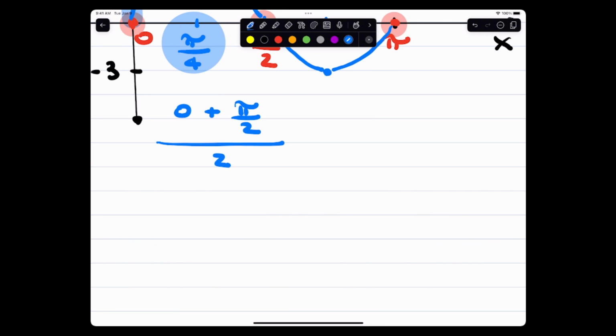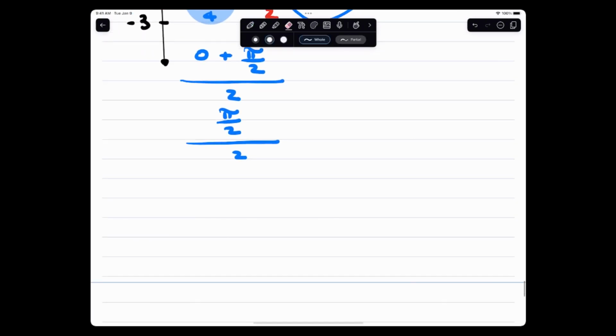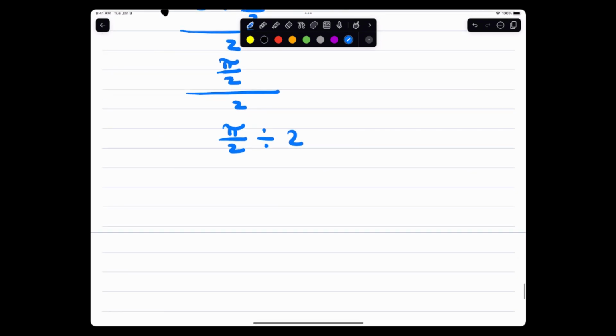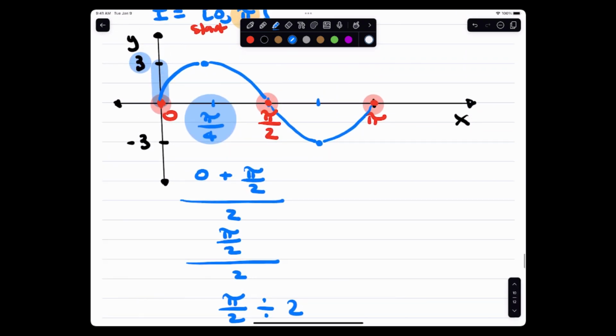So that will be pi over 2 divided by 2, which is pi over 2 times 1/2. And you end up getting pi over what? 4. There it is.